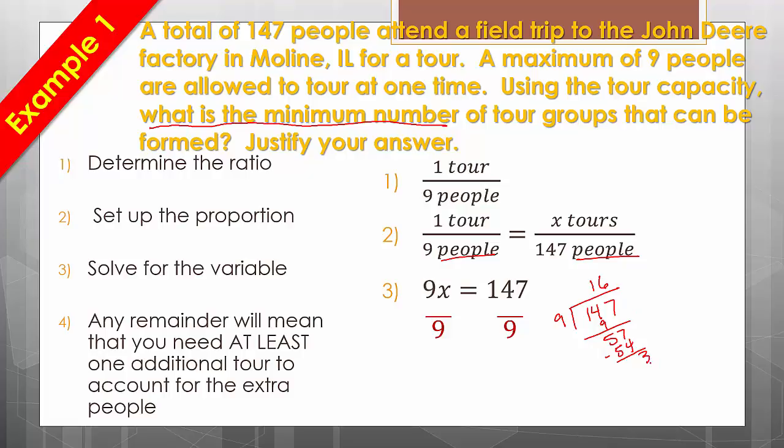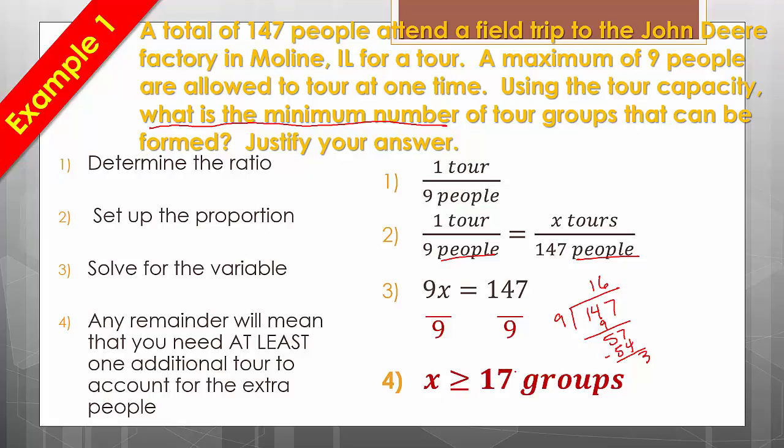So we have 16 groups, but then we have 3 people left over. If you put it in your calculator, you'd get 16 and then some decimal. We can't have 16 tours, which means we need one more at the very least. So we say that x is greater than or equal to 17 groups.